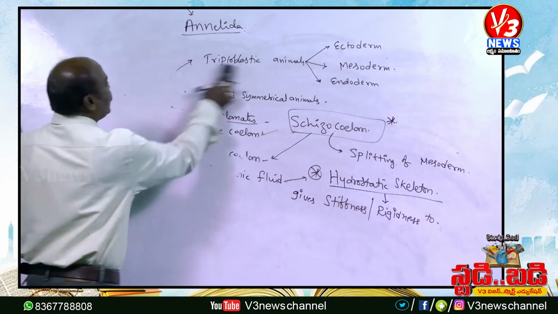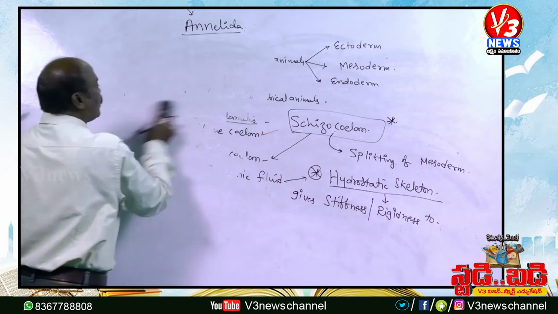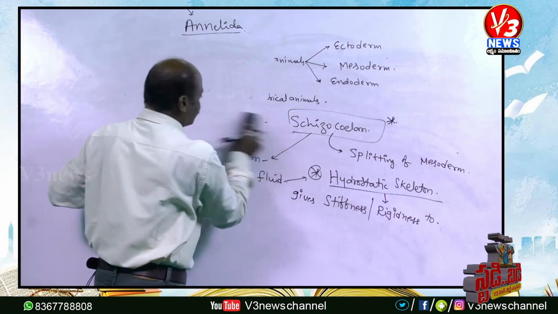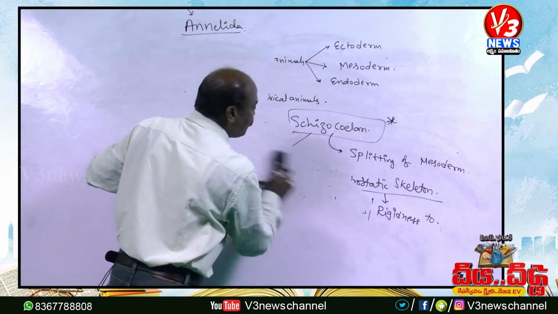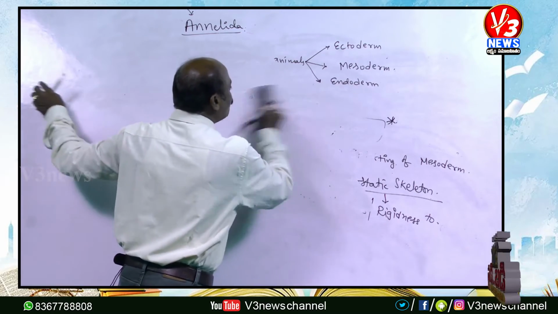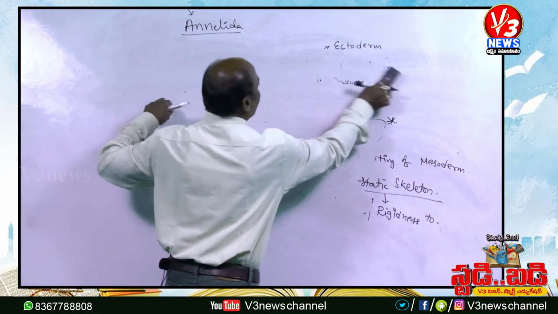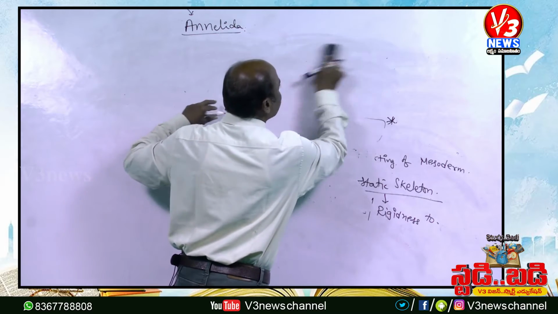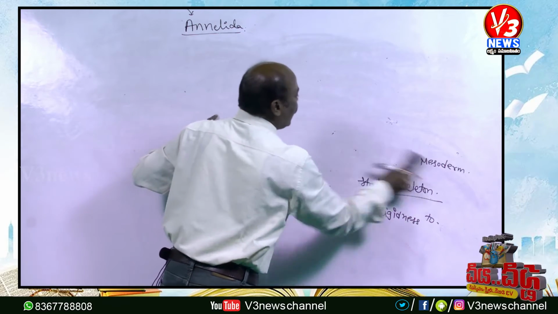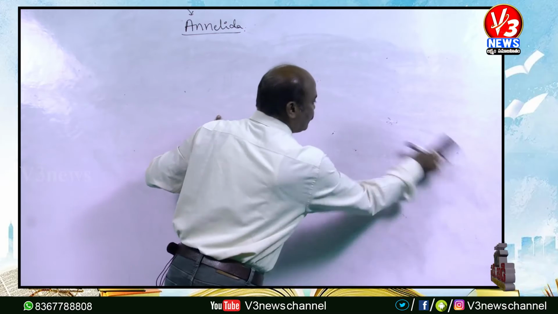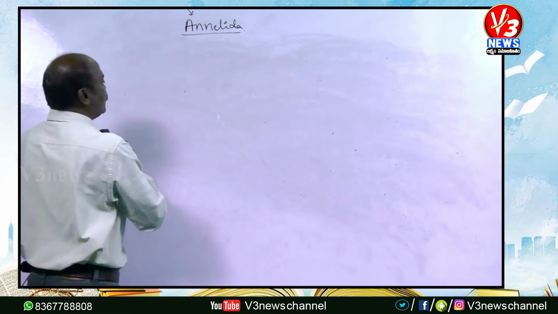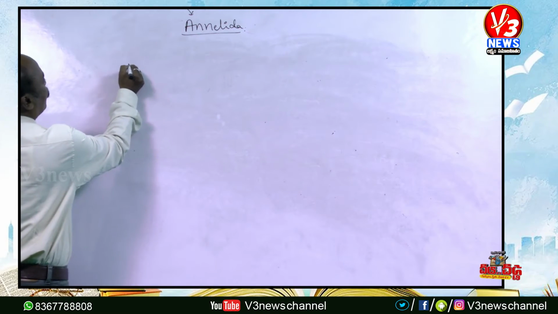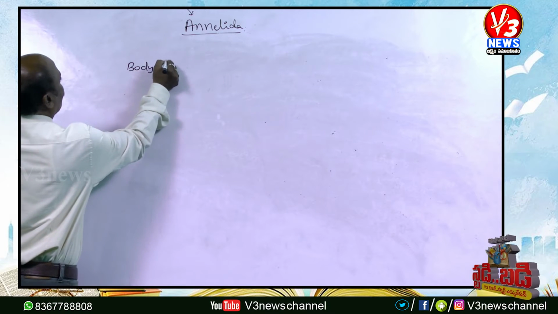A very important character here from the entrance point of view. In annelids, the body wall possesses two types of muscles. These two types of muscles also help in locomotion.